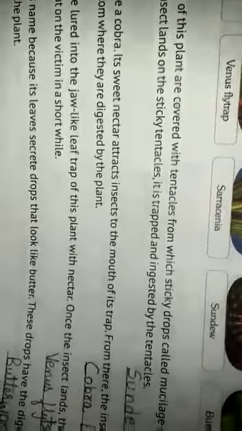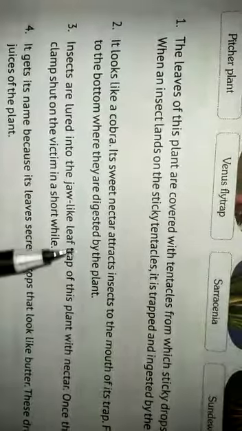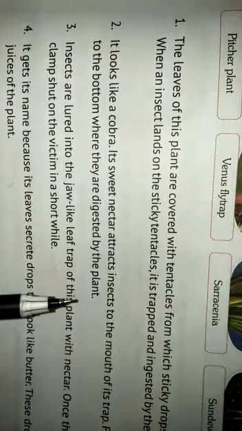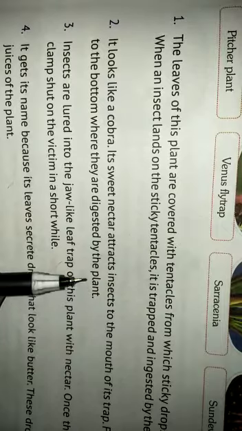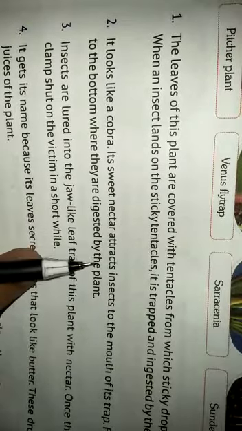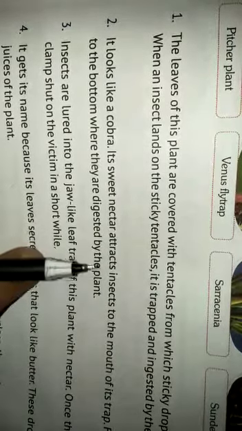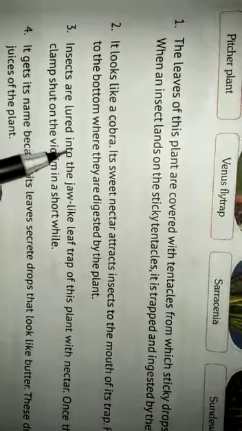From there the insects fall to the bottom where they are digested by the plant. So when they come to have the sweet nectar, that plant traps the insects and the insect falls to the bottom where it is digested by the plant.